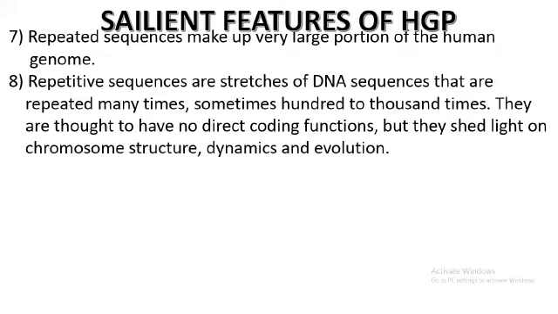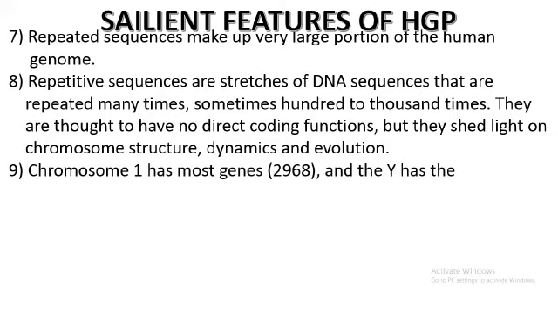Some genes may function at one time. Some genes, as you'll be studying in the lac operon, switch on and switch off. So how does this switch on and switch off take place? That can be understood by the existence of these repeated sequences. And likewise, this is very important: it is going to speak about human evolution. So that's a very important role of this HGP.